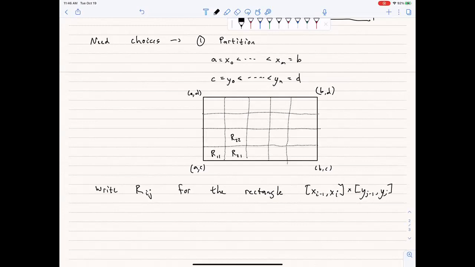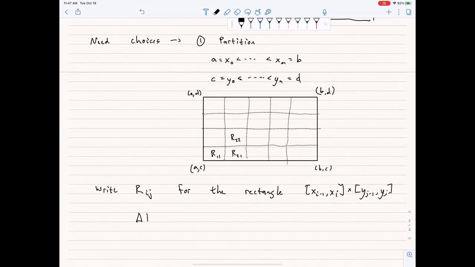Now, what do we want? Well, one thing we needed when we calculated the area of these little rectangles in our Riemann sum for one variable is the length of the base. And what we're going to do now is make rectangular boxes. And so we're going to need the area of the base. So we want a notion of the area of each of these.